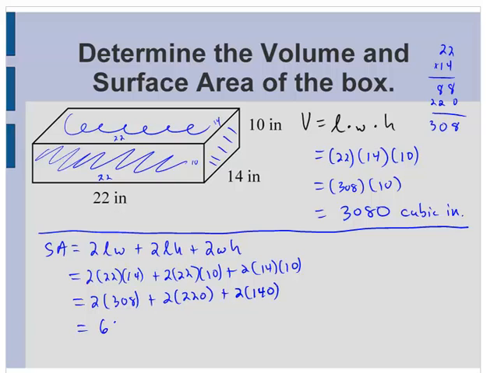So this is 616 plus 440 plus 280. Adding all of these up, we'd have 1,336, and since this is an area, we would have square inches.